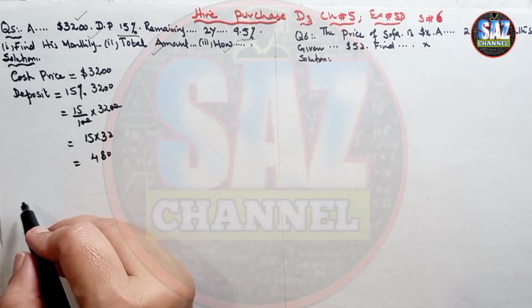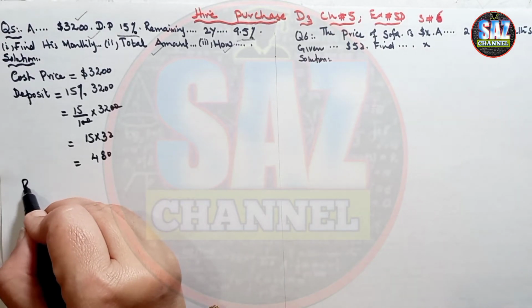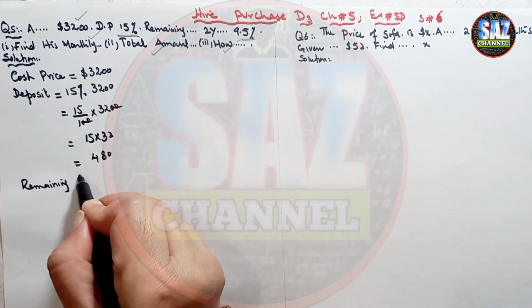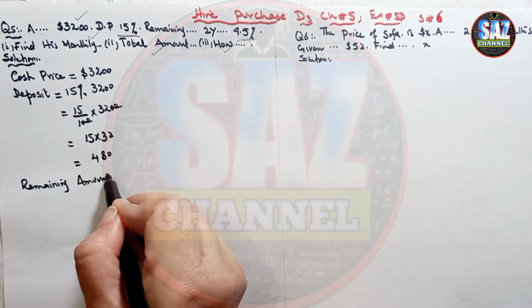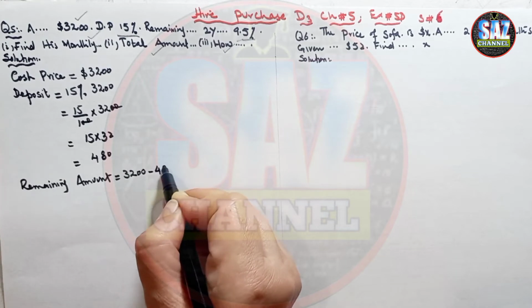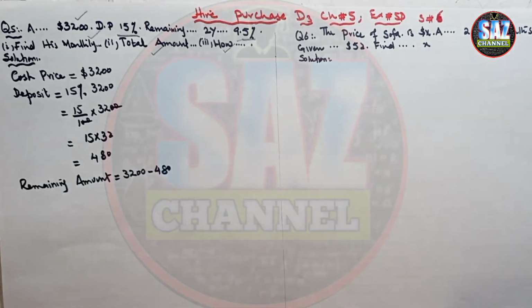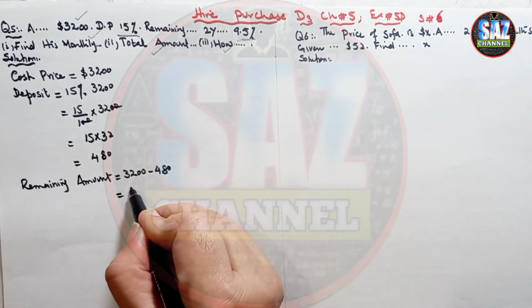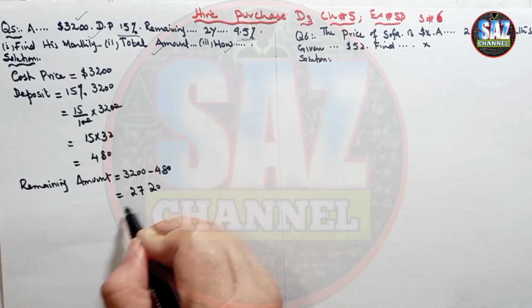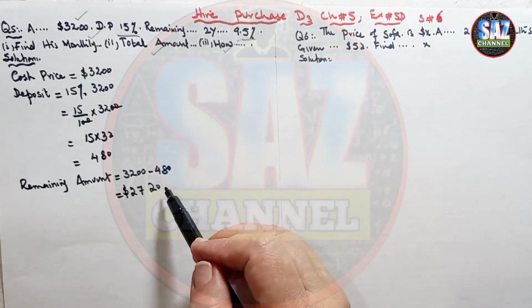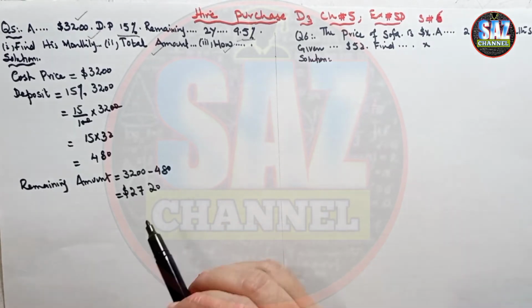So first of all, we have to find the remaining amount, which is equal to 3,200 minus 480, and this gives me 2720. This is the amount which he still has to pay for the purchase of that computer set.